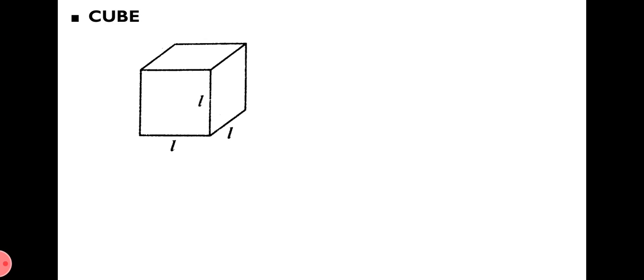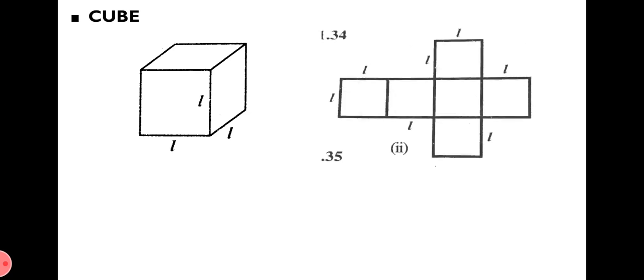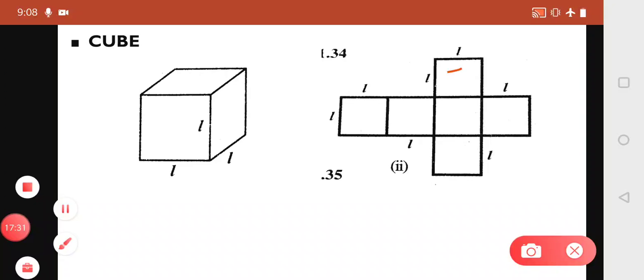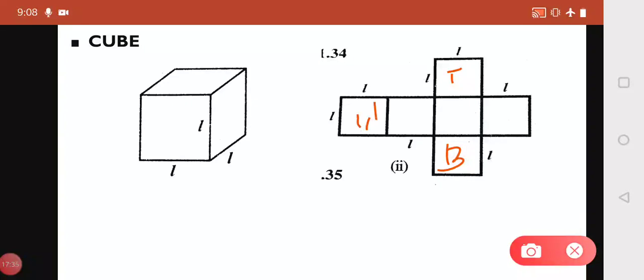Next is cube. Now a cube has 3 dimensions, and all the dimensions are the same, that is length, breadth and height, because all sides of a cube are equal. When we see the net of a cube, again we can see the top and bottom, this is your top, this is your bottom, and the remaining are your side walls.